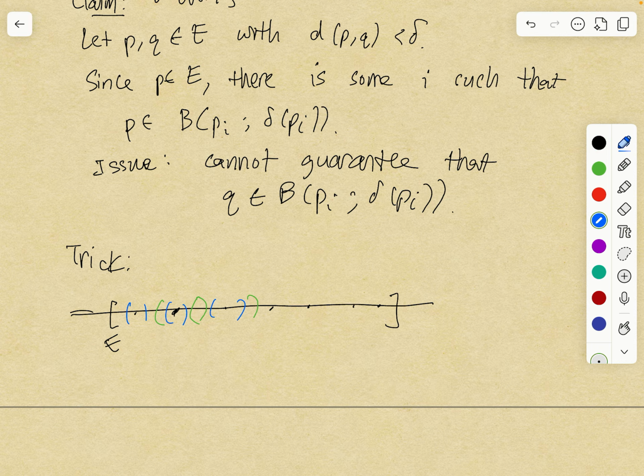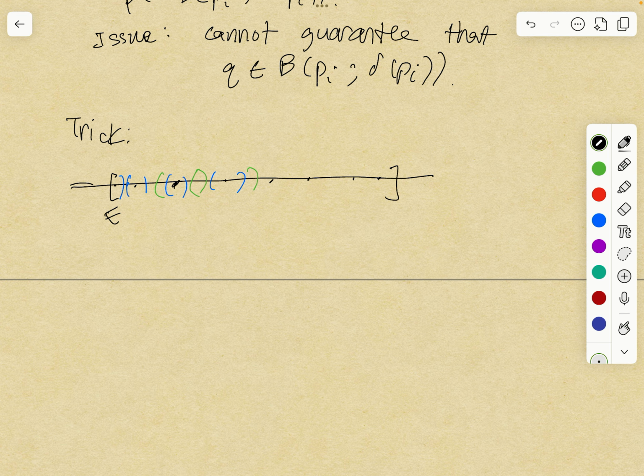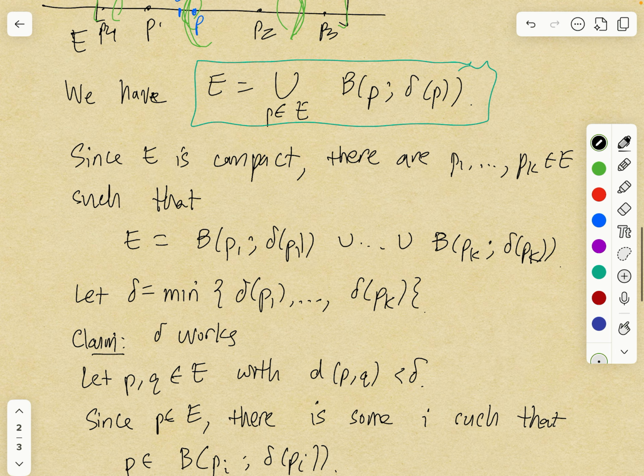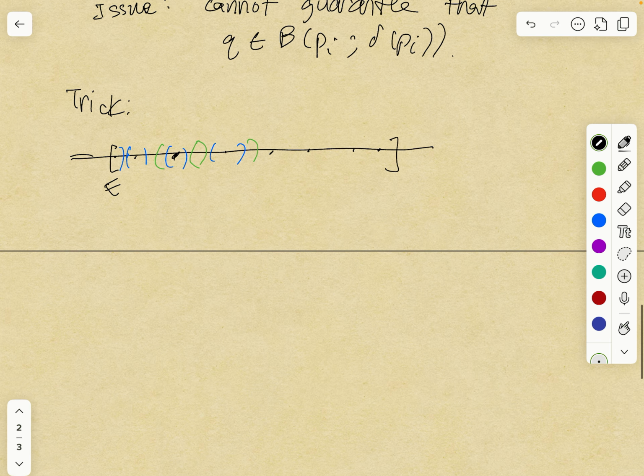And you will also get a cover of E. And then you use a finite subcover of that. So let's write that down. So the trick is replace each of these delta Pi's with delta Pi over 2.